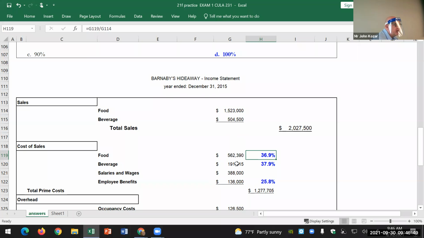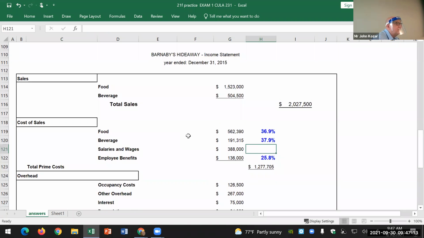And then beverage cost percent. Very similar, beverage cost divided by beverage sales. So 191 divided by 504 gives us 37.9%. Now, as far as beverage cost percents go, is that a good one or a poor one?